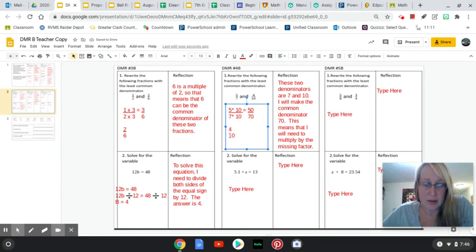So that means to make the common denominator of 70, I need to multiply the denominator by the 7 that is missing. If I multiply the denominator by 7, I have to multiply the numerator by 7. So multiplying both by 7.